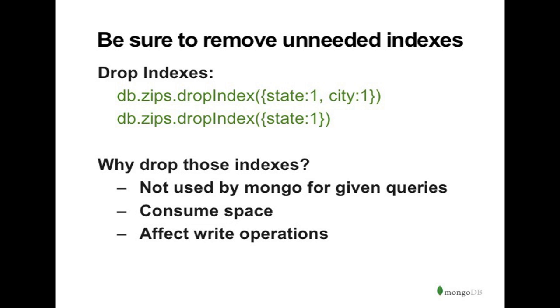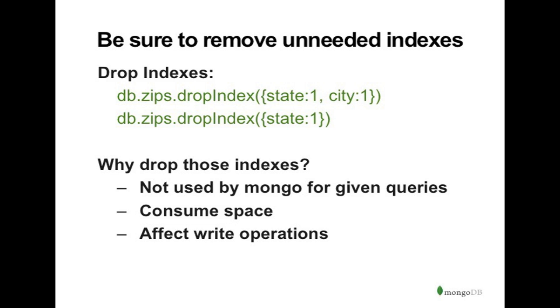So finally, now that we know indexes help performance dramatically, and particularly compound indexes to satisfy your data access patterns, one would be intrigued to create multiple indexes. But there is a word of caution there. Do not create too many indexes. If you have too many indexes that are not used by Mongo, they consume space.